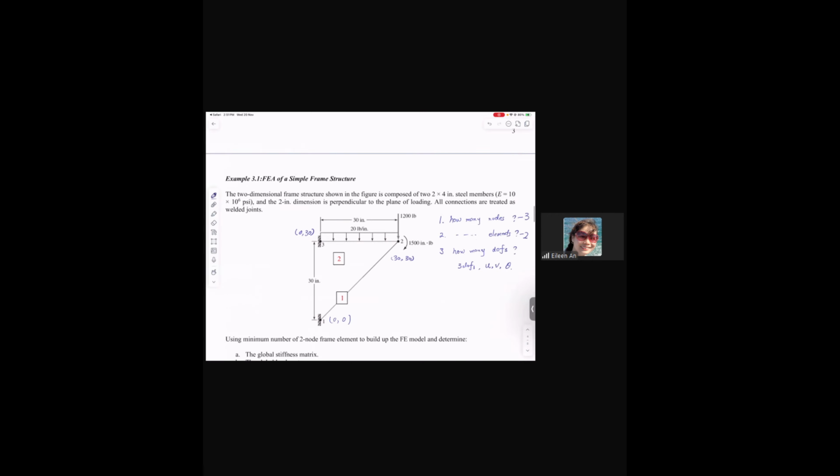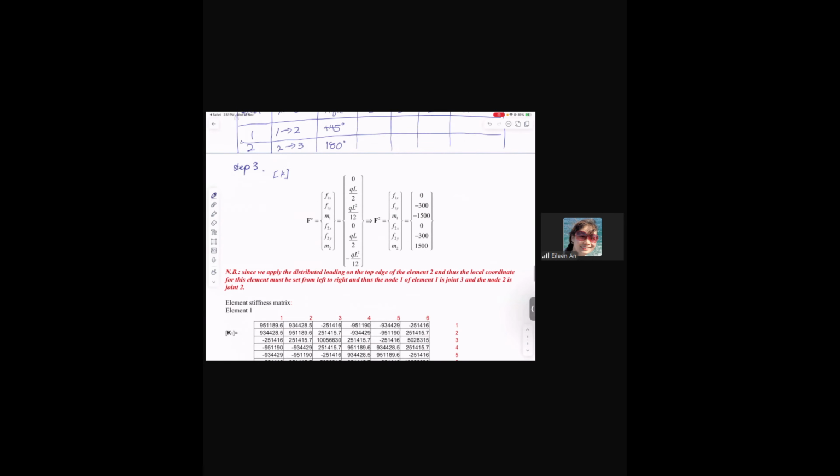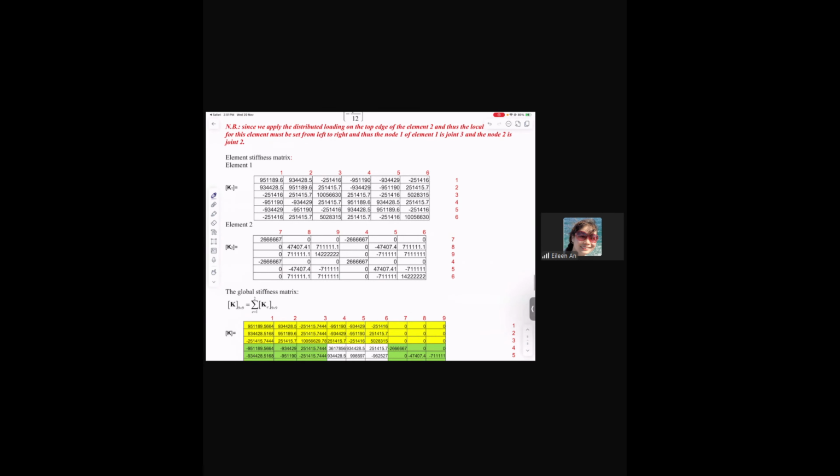Of course, I know it takes time to do the calculation. So I won't let you practice the matrix calculation in class. You can use any software you think is the most convenient for you to solve the problem.